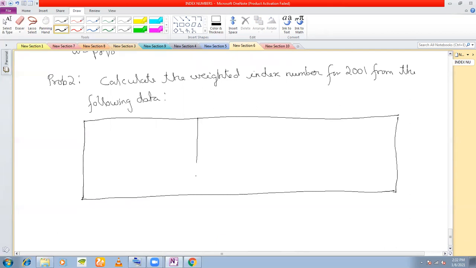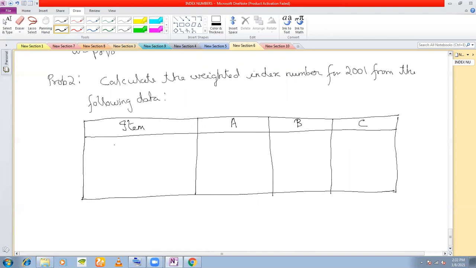First is for commodity or item. Next, this is your item or commodity. First given is your quantity in units. Next, price in 2000.